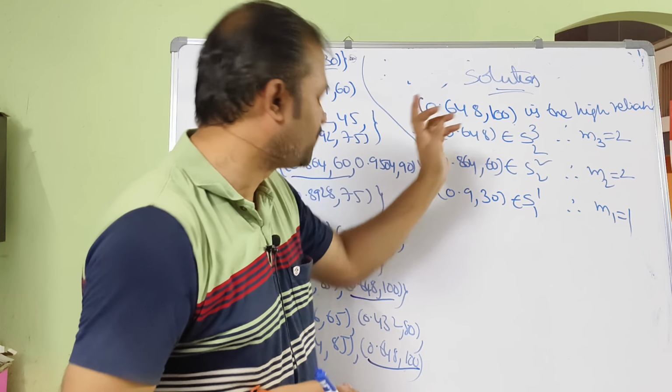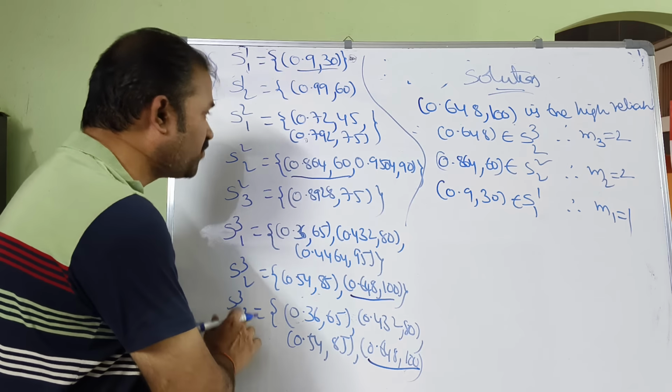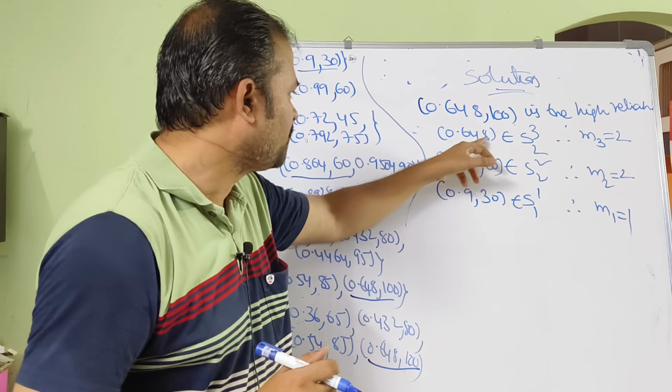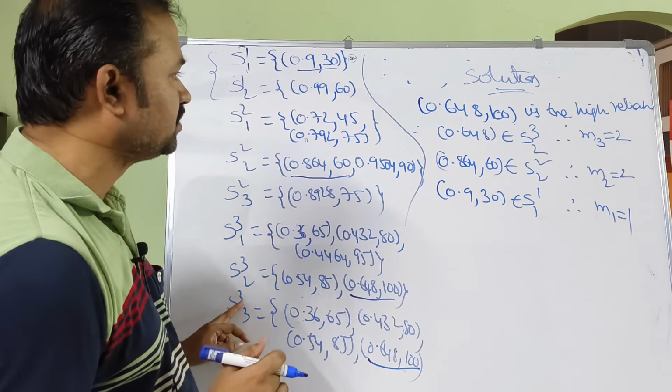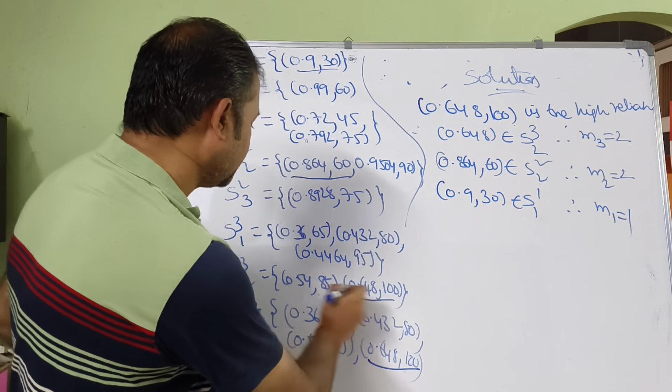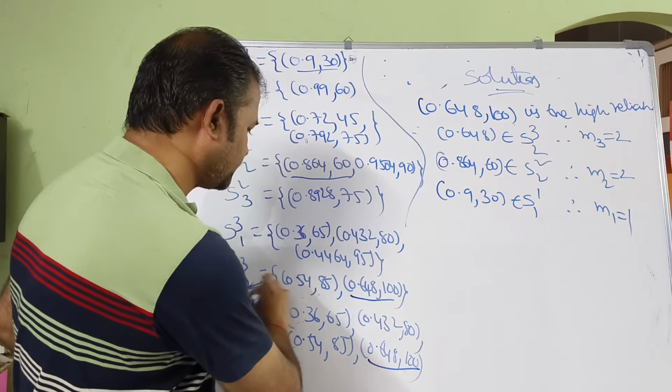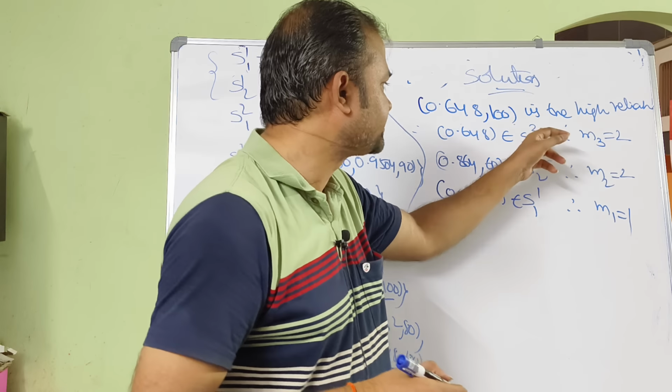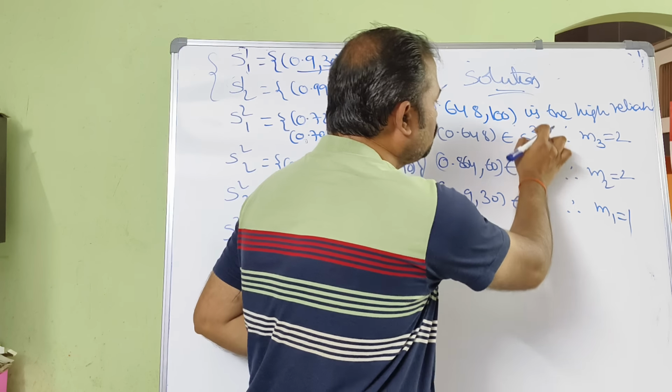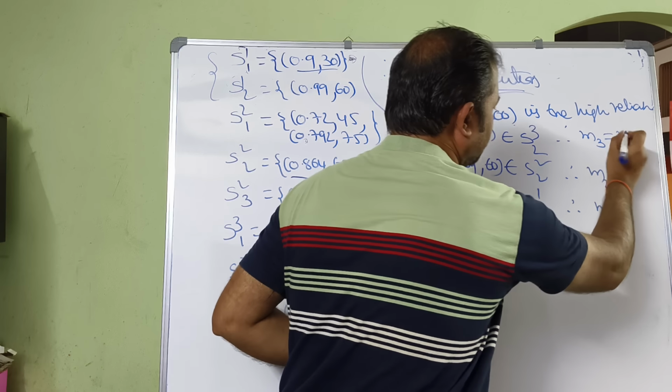This 0.648 belongs to S power 3, 2. So that means we have to maintain 2 copies of the third device.